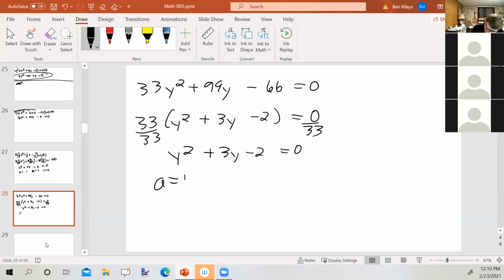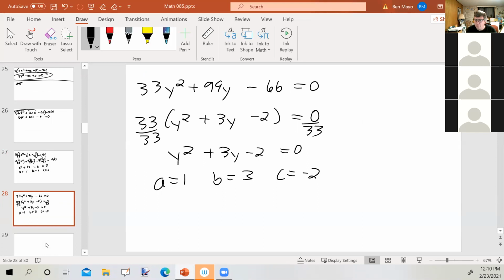So now A is 1, B is 3, C is -2, and you'd plug that into the quadratic formula. So we can reduce things down, clear fractions, clear decimals, make leading coefficients positive. All these things can be helpful tools to make it easier to deal with the quadratic formula.